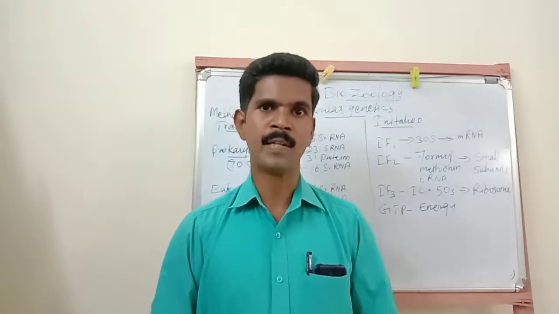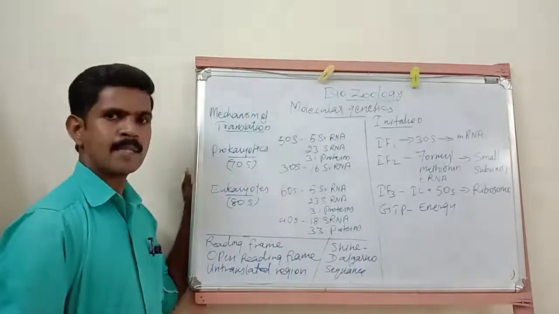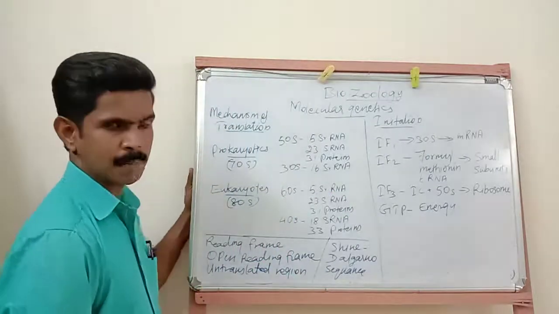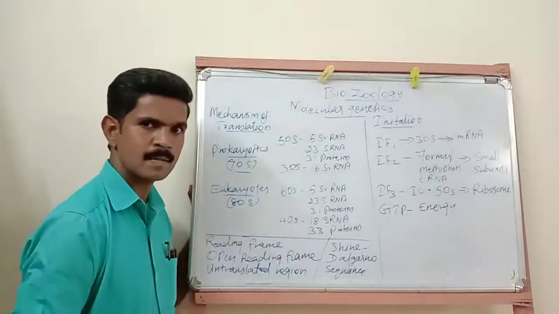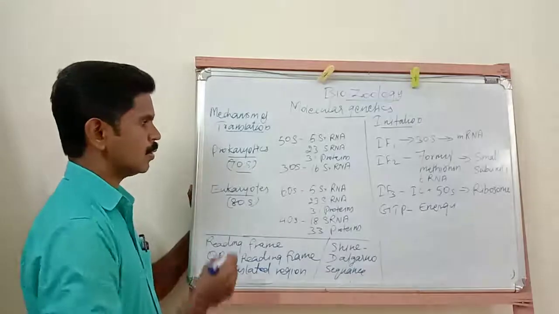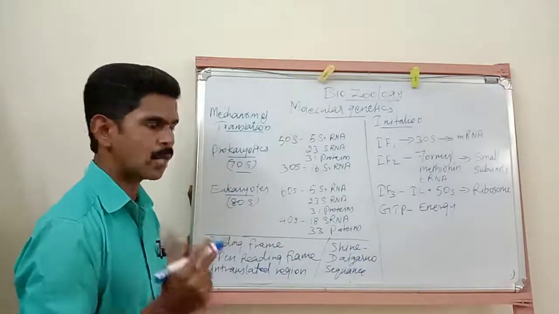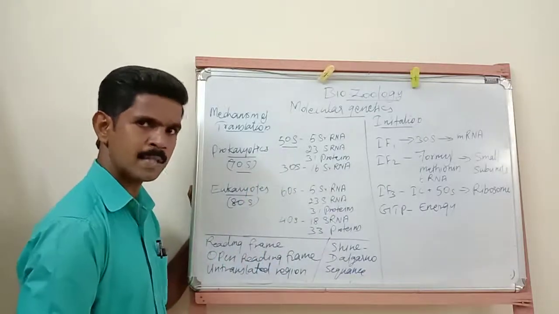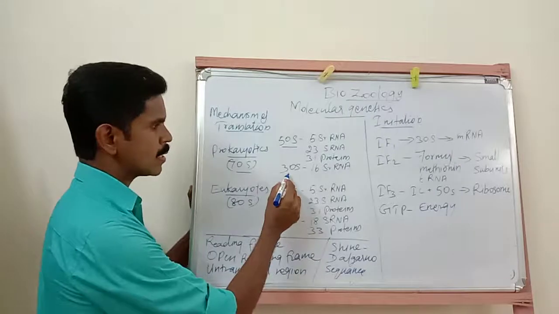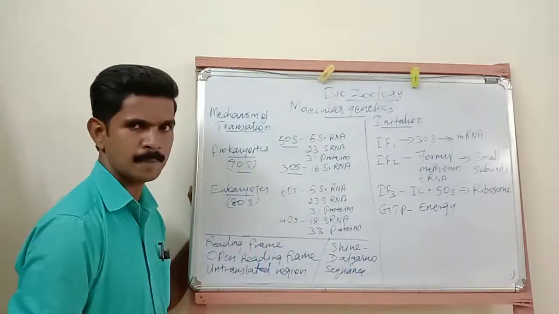Listen very carefully. Prokaryotes, for example bacterial species: in prokaryotes the ribosome is of the 70S type. The 70S ribosome in prokaryotes has 2 subunits. One is the larger subunit, called the 50S subunit, and the second one is the smaller subunit, called the 30S subunit.